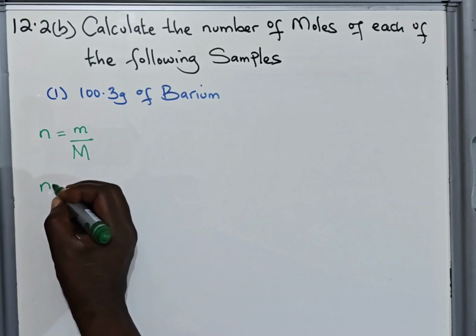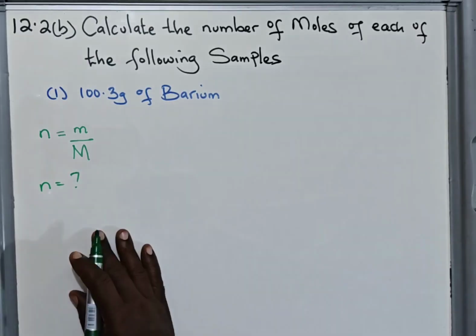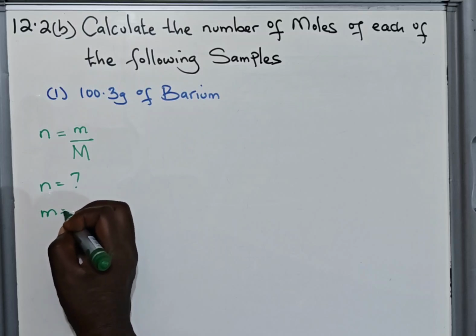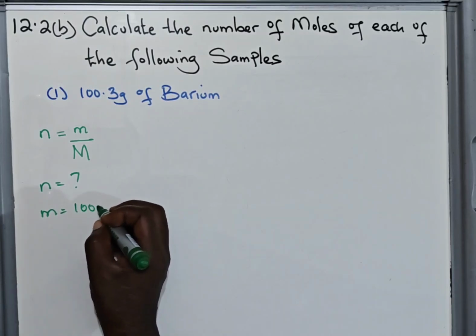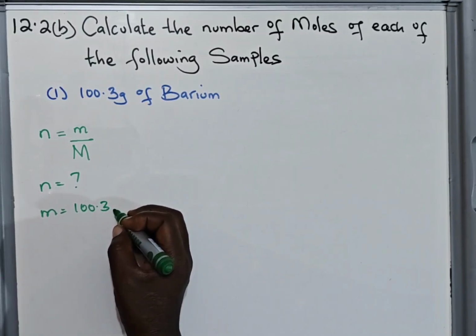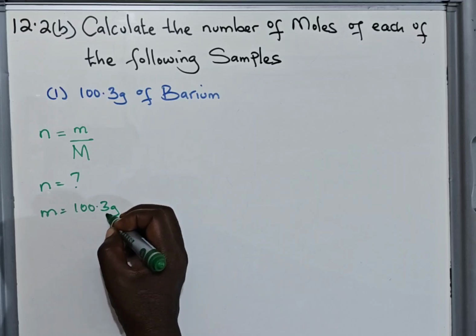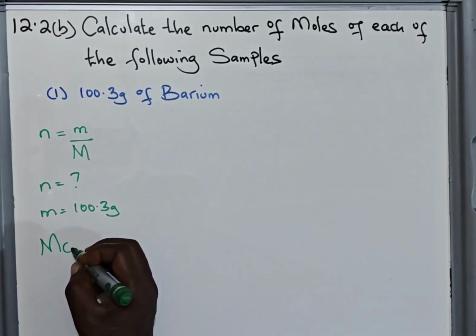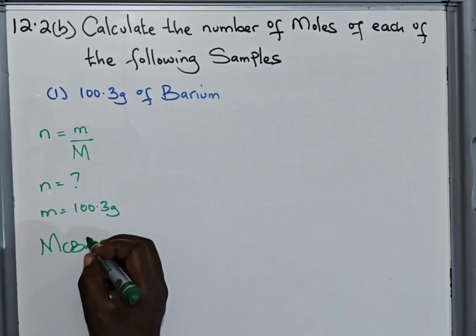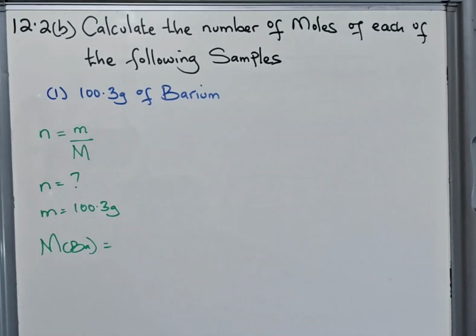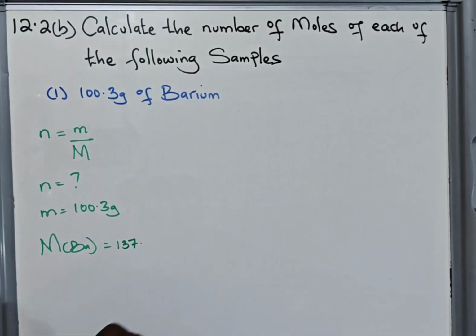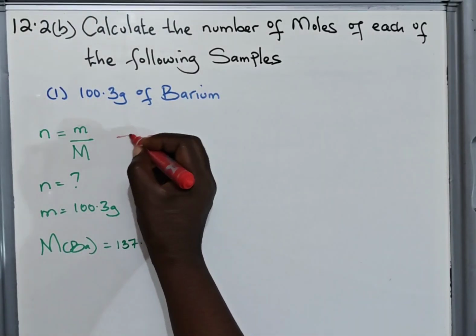We are looking for N. We don't know it. But we know mass. Mass is given as 100.3 grams. And we know molar mass is the molar mass of barium. We substitute.